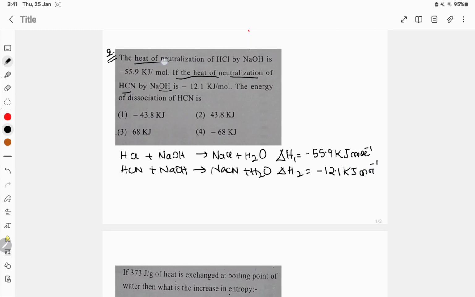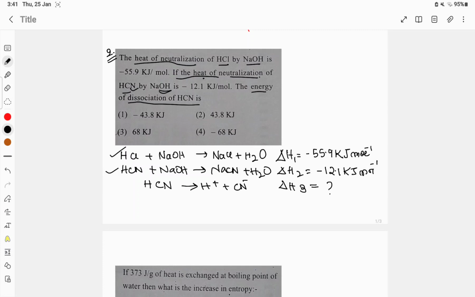So the heat of neutralization of HCl and NaOH is given, and the heat of neutralization of HCN and NaOH is given. So the energy of dissociation of HCN means HCN, when it dissociates, gives H plus and CN minus. We have to find the heat change for this dissociation process.